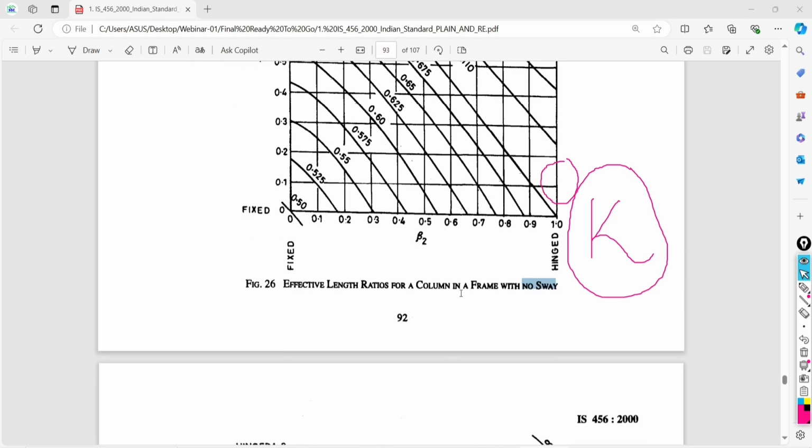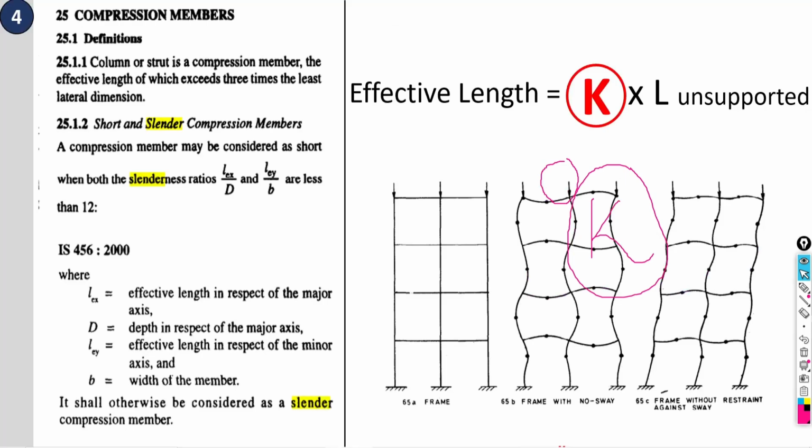Now, when you come to the other frame, which is your sway frame, you cannot expect to what extent it is going to deflect and what extent this extension will be. You cannot predict that. That's why we cannot predict whether this length will increase a little or a lot.